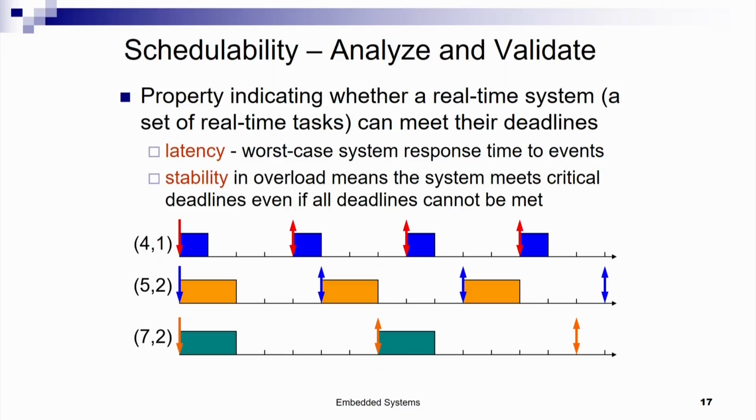That means stability during overload, and it means that the system will be able to meet critical deadlines even if all deadlines are not met. So, stability tells me what happens when I have an overload. What is the meaning of overload? That means many tasks have arrived and I cannot meet all deadlines.